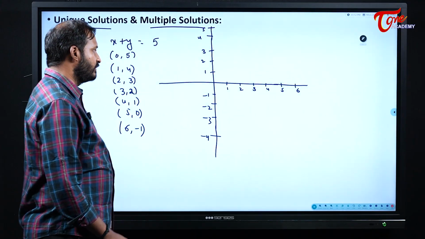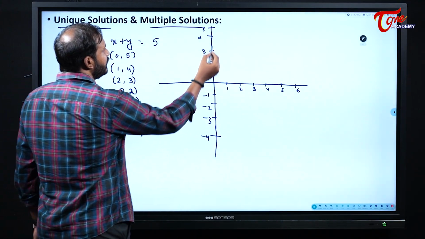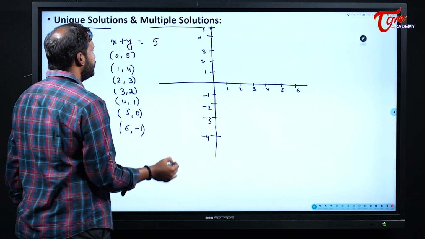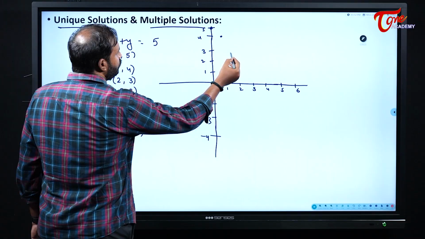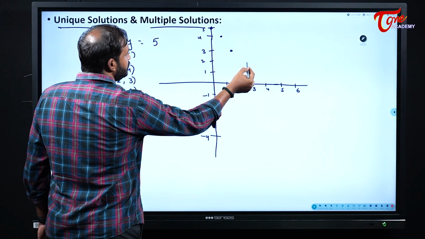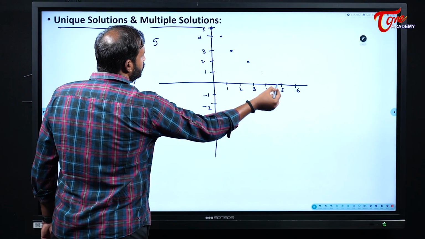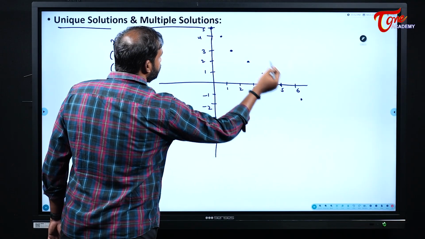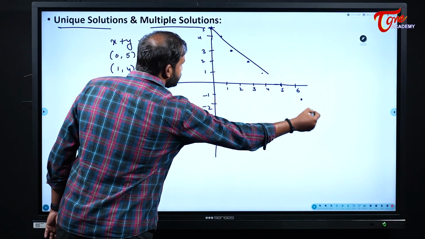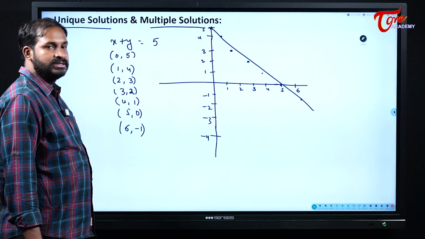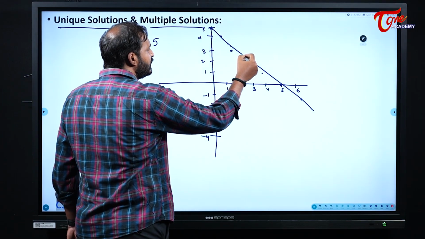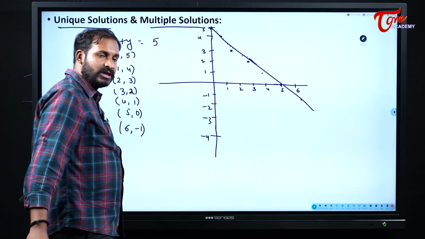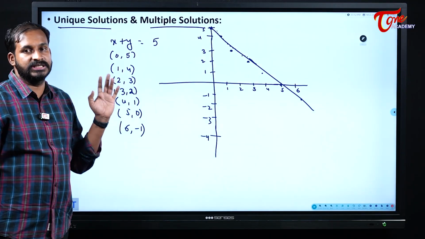So x is 0 and y is 5, where will I get the point? Here. X is 1, y is 4, I will get a point here. Next x is 2, y is 3. Next 3, 2. Next 4, 1. 5, 0. 6, minus 1. When I join all these points, what will I get? A line. So I can have a line containing infinite points, which means I will have infinite solutions for this.